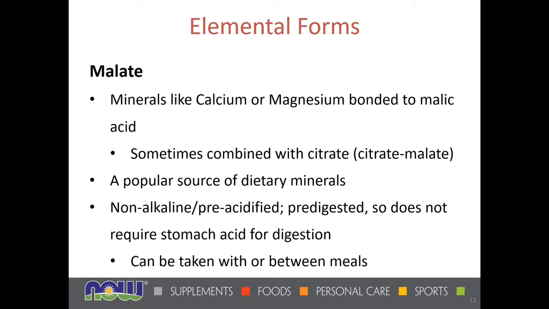So malate is a popular source of minerals, especially for magnesium. Once it's chelated, it's non-acidic, pre-acidified, pre-digested, so can be taken again between meals, with or without meals, because it does not require stomach acid.